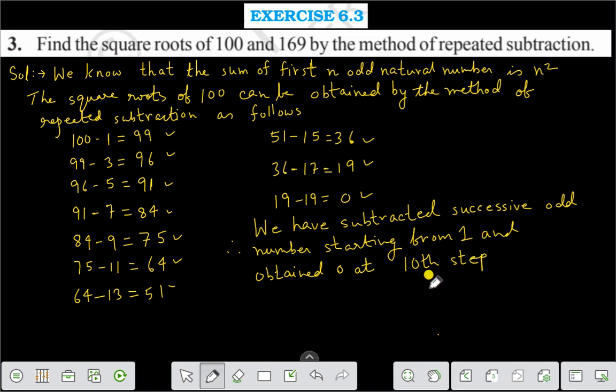Therefore, you can say that the square root of 100 is equal to 10, right?